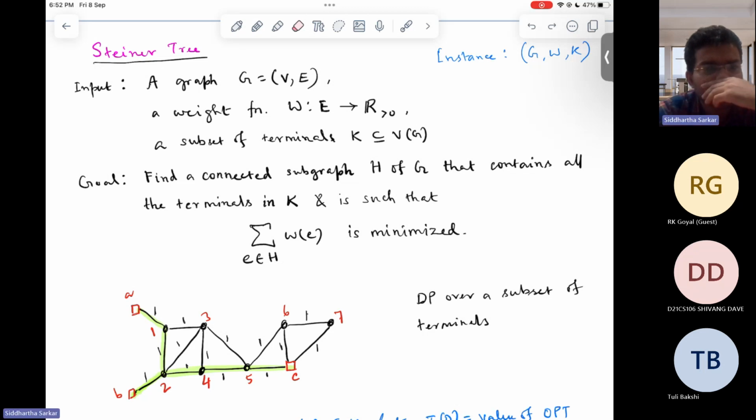You can compute an Eulerian circuit, but Hamiltonian cycle is NP complete. Yes, yes.